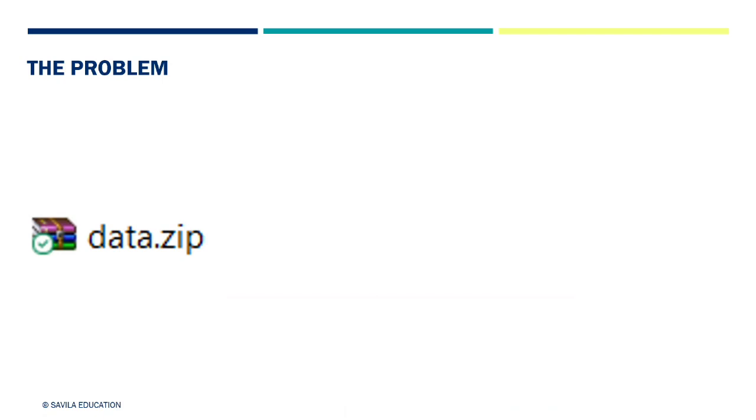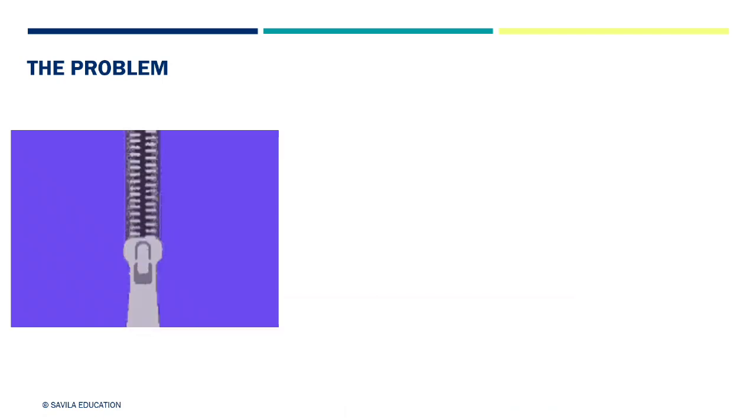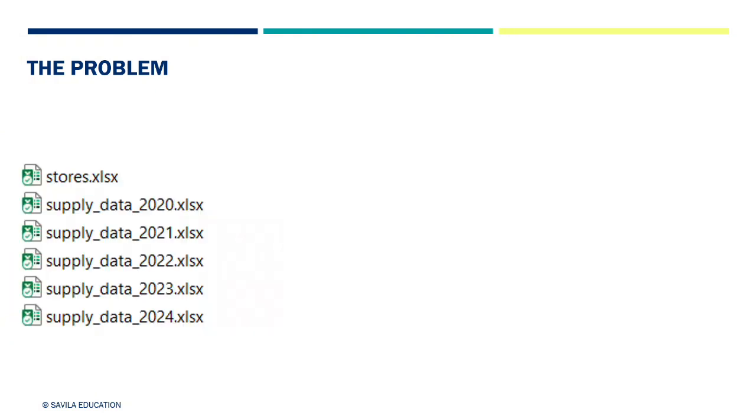This is what the manager sends. It's a zip file. When Lucien unzips this file, he encounters these 6 Excel files. We have 5 files related to transactions and 1 related to the locations of the stores on which these transactions were made.